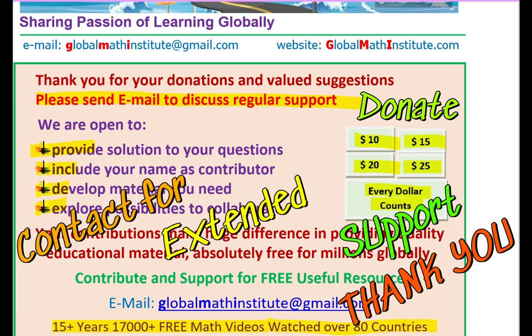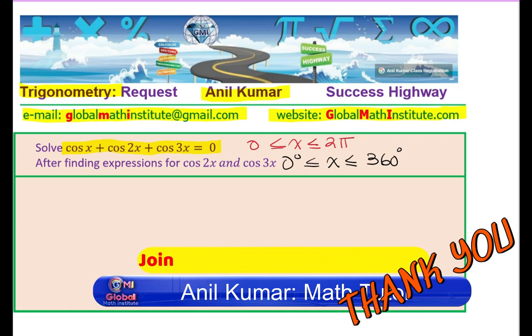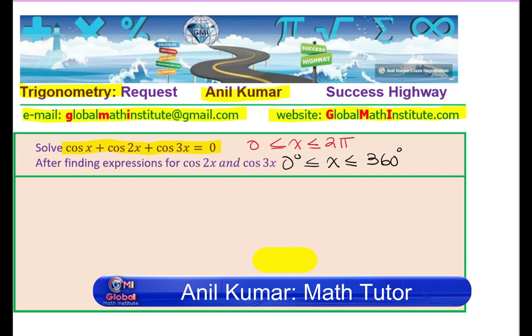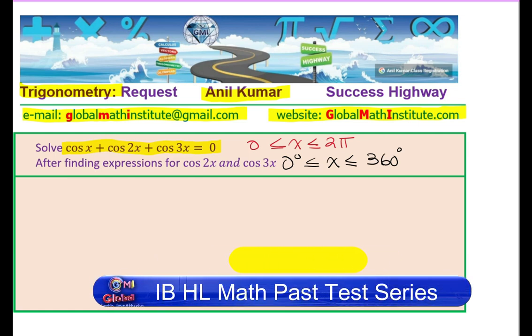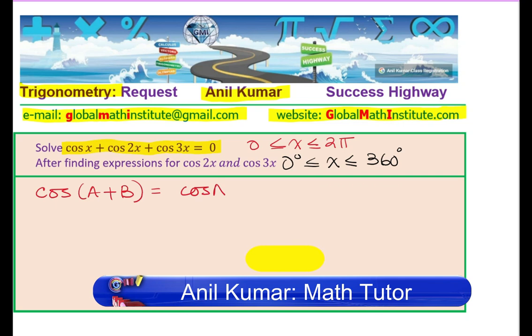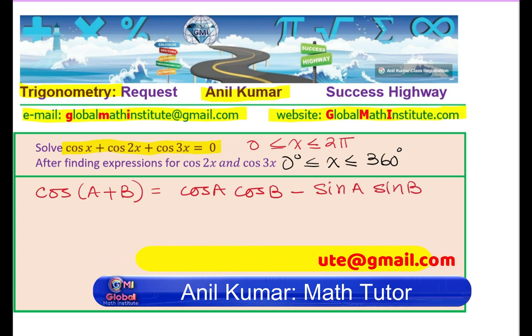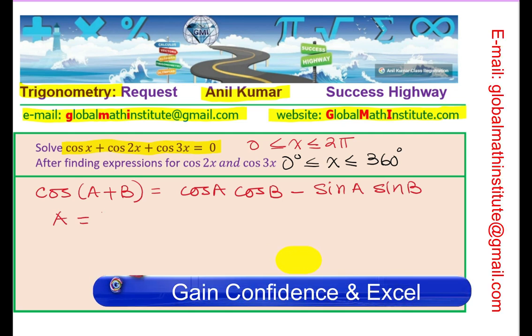Perfect. Now, let's look into the question itself. This question comes from our subscriber who really wants to understand how we derive the formula also and then solve the equation. So we'll begin with the very basic concepts, deriving the formula. As you know, cos of A plus B is equal to cos A cos B minus sin A sin B. Now, if I substitute A equals B equals x, then see how it changes.